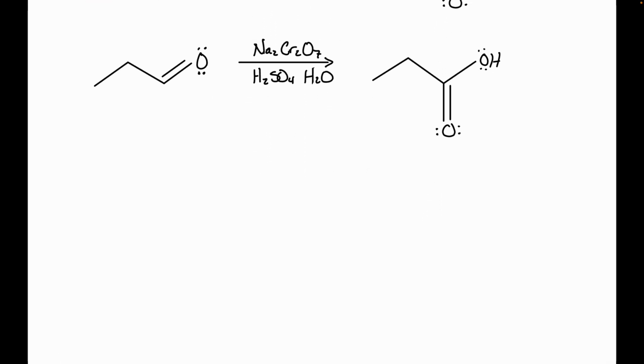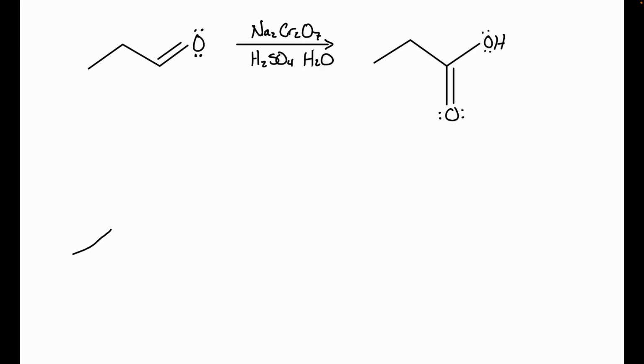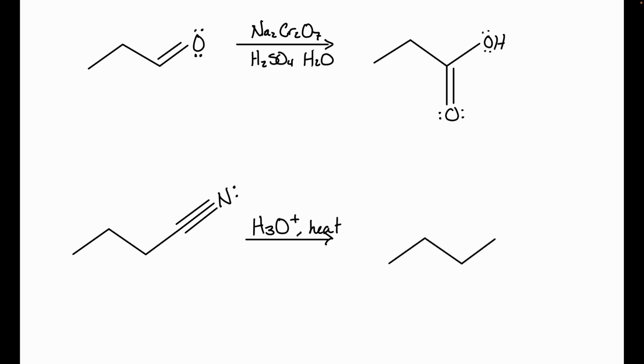All right, there was one other method that we had learned previously, and that was starting out with those nitriles. Okay, this just required some acid and heat in order to create our carboxylic acid.